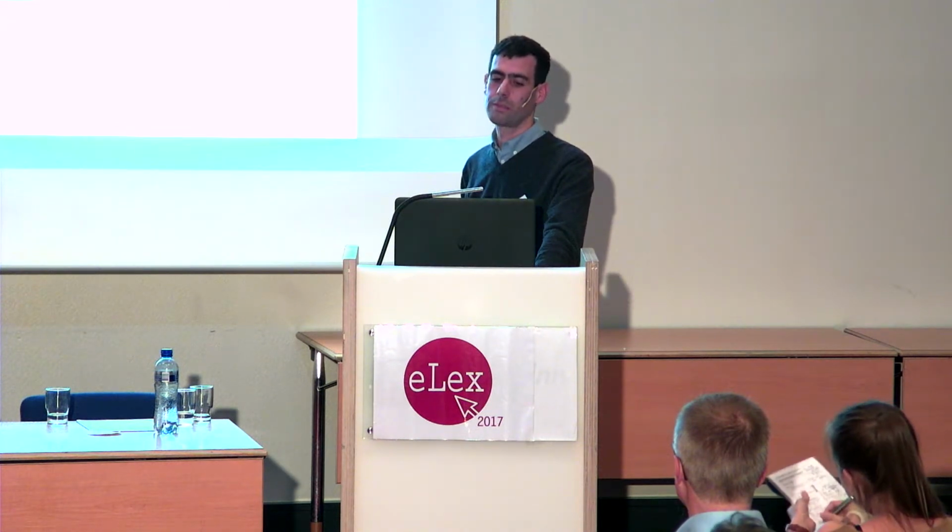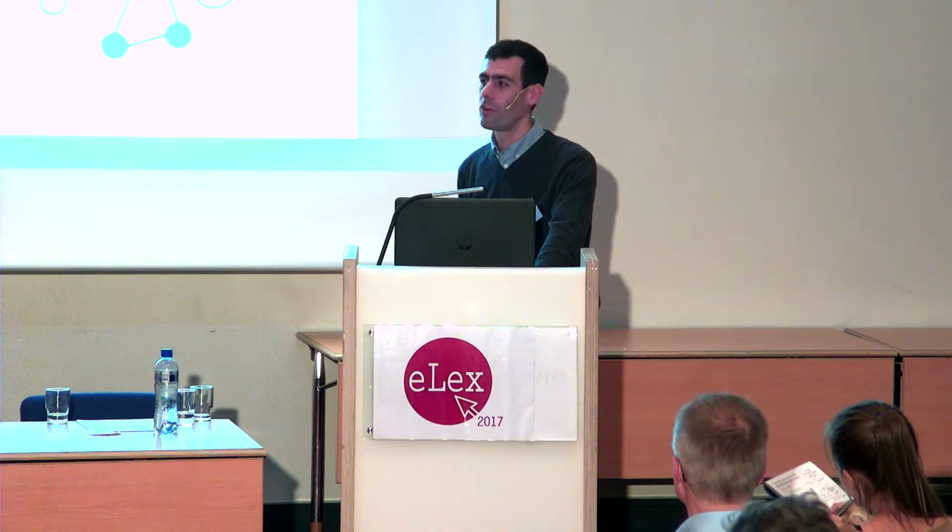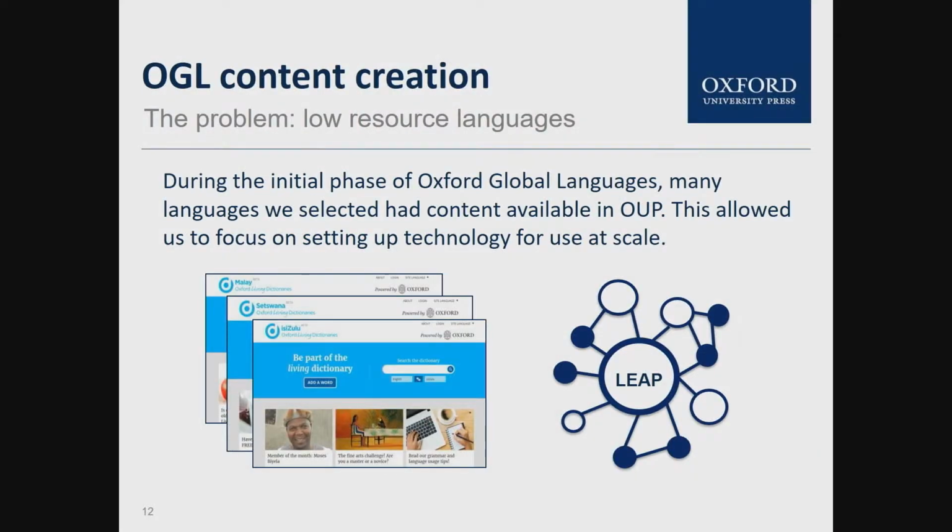And the problem that we have for Oxford Global Languages, so Oxford Global Languages, for those of you who don't know of the program, it's a program to bring together language content for the world's languages and make this available through our systems.